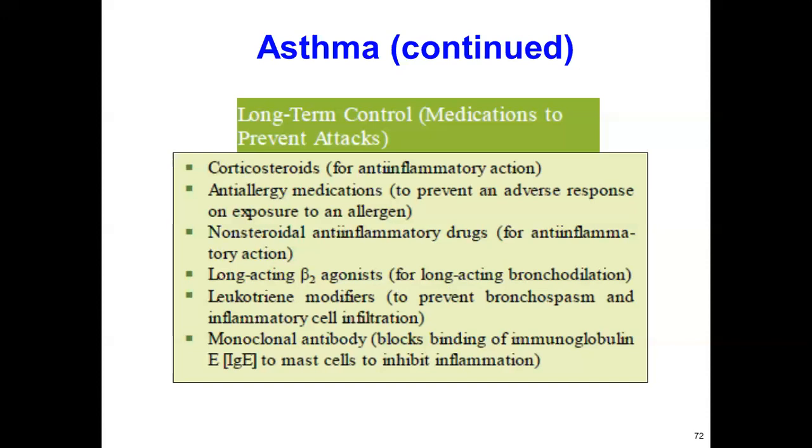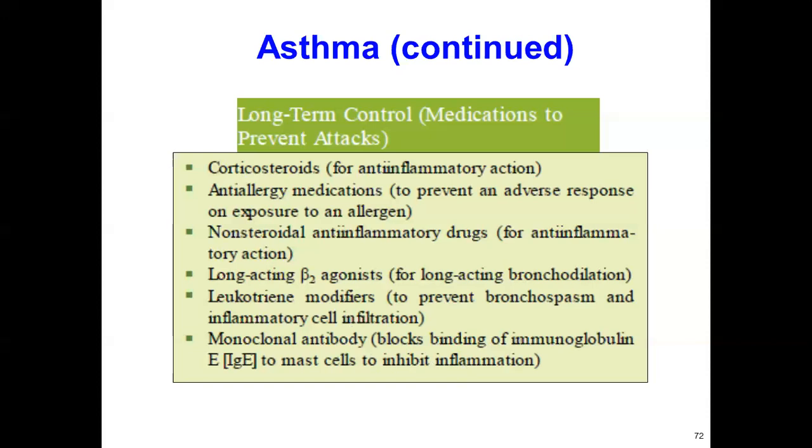Short-acting, basically we use albuterol for acute exacerbation and for use before exercise. Leukotriene medication to prevent bronchospasm and inflammatory cell infiltration. Monoclonal antibody blocks binding of immunoglobulin to mast cells to inhibit inflammation.